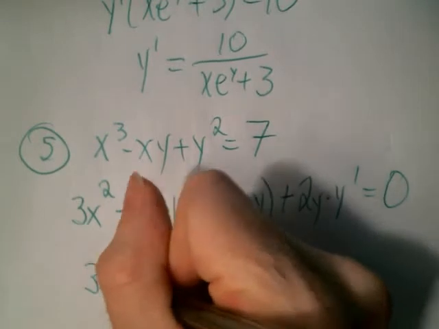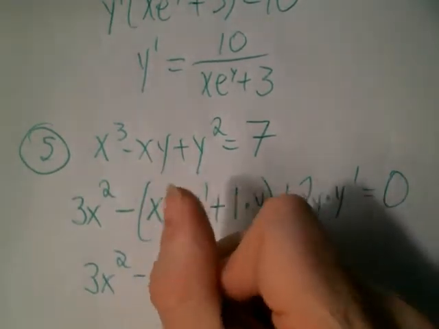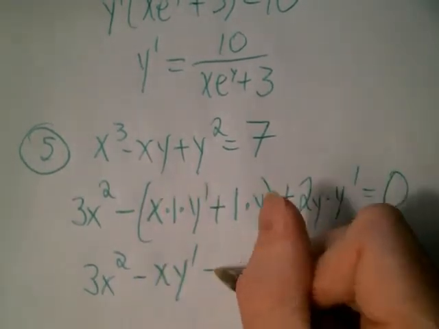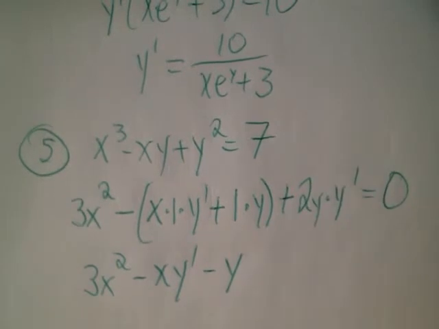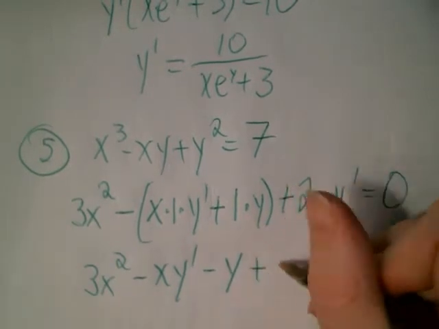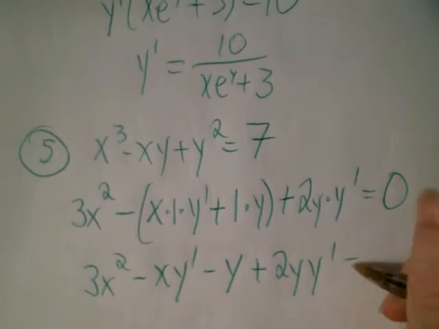Okay, so I have 3x squared minus xy prime minus y, and then plus 2y y prime is 0.